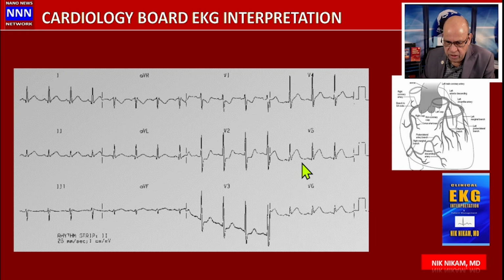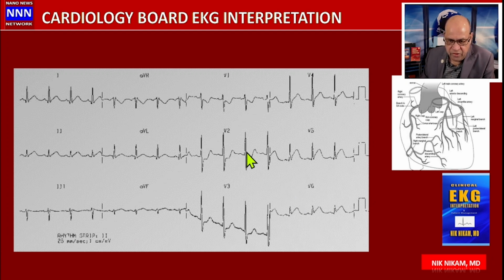Along with that, we also have some ST elevation in the lateral chest leads. So this is an infarct involving the lateral wall and the posterior wall, which is probably related to the distal circumflex branch, marginal, and the posterior lateral branch coming from the circumflex trunk supplying the posterior wall.